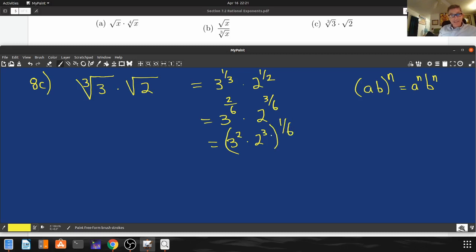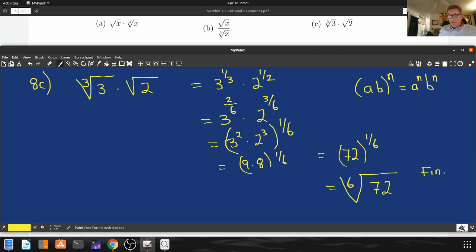Did you see that? Tricky. Well, literally, these are just numbers. So 3 squared is 9, and 2 cubed is 8, to the 1/6 power. But 9 times 8 is 72, and 72 is raised to the 1/6 power. That was kind of tricky, right? So this is the same as the 6th root of 72. Finito. Okay, that's it.